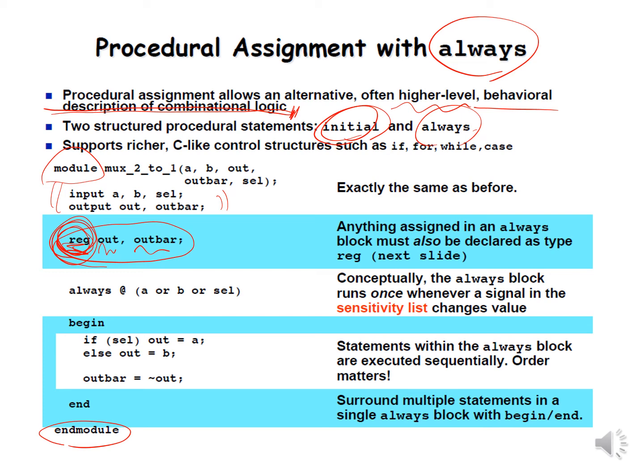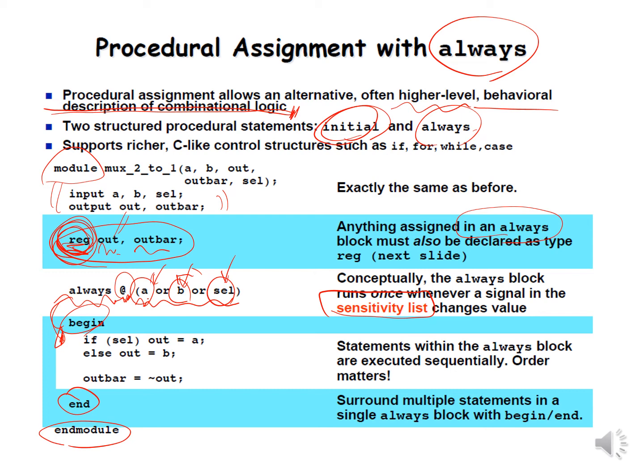Something that is defined as the register type must be used inside the always statement. So here the always statement starts with always and begin and end. After the at sign, you specify the sensitivity list. This is the sensitivity list, meaning that whenever A or B or sel changes, or any logic transition or variation, it will start evaluating what is inside the always statement.